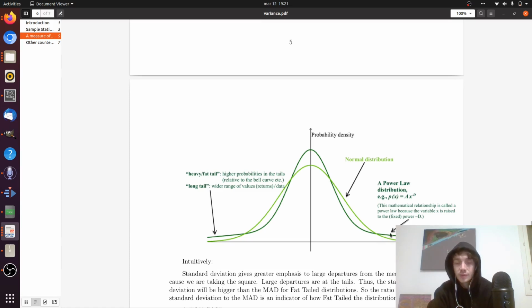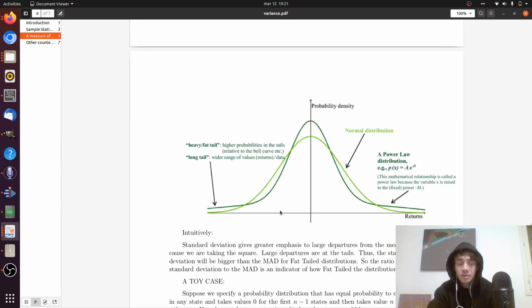So in this case, the dark green one, since after this point onwards always stays above the normal distribution, has fatter tails because it's going to assign more probability to extreme values. We're going to talk about these a lot, so just this as a first explanation I think is decent, just to understand what fat tails mean.